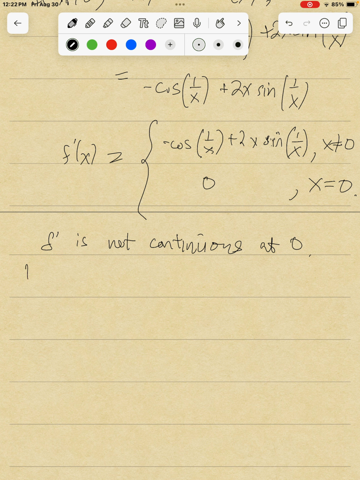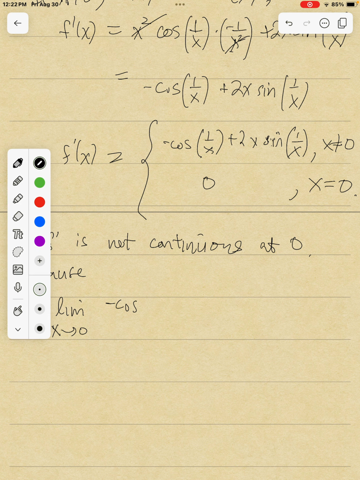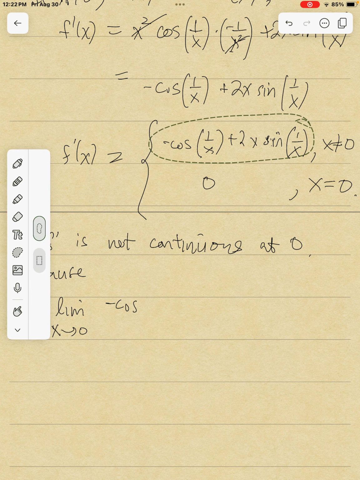That's because, let's take a look at the limit as x goes to 0 of this thing. If f prime were continuous, then this function would have to approach 0 as x gets closer and closer to 0.